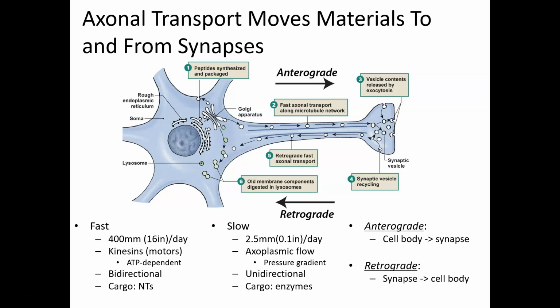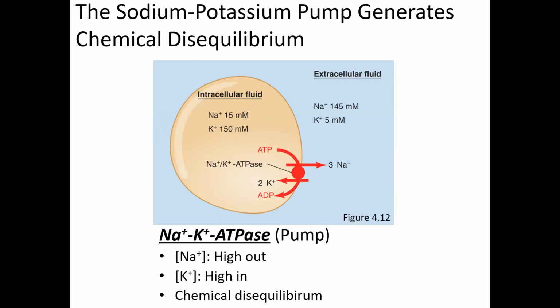And the cell body generally has a higher pressure, so movement of substances go from the cell body in the anterograde direction to the synaptic ending. So that is unidirectional. And the cargo tends to be enzymes and axoplasm, which is just the cytoplasm within the axon, and other materials that wouldn't be needed in an immediate fashion. So that's the difference between fast and slow axonal transport.